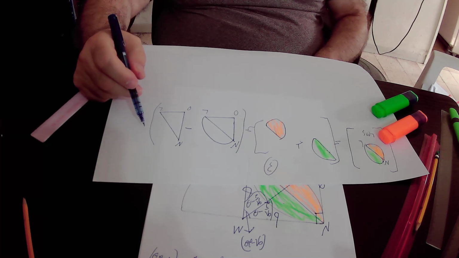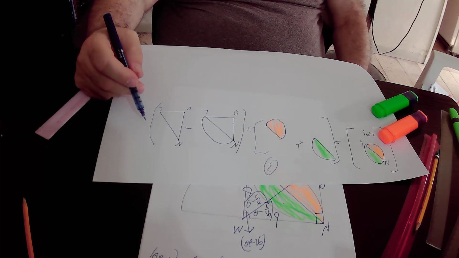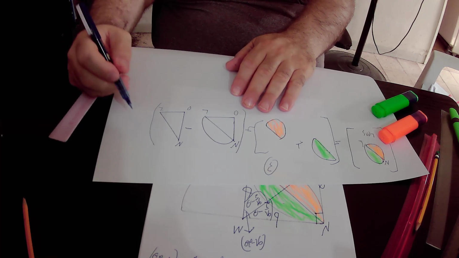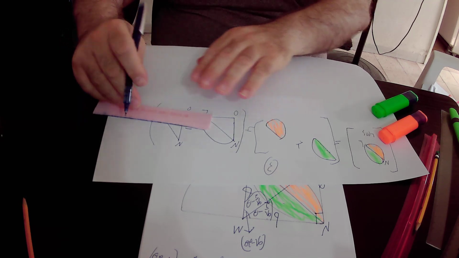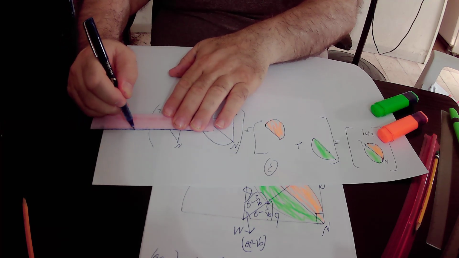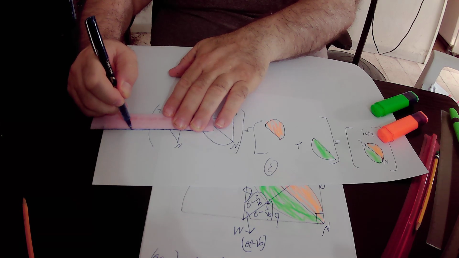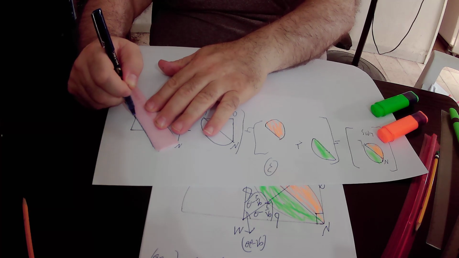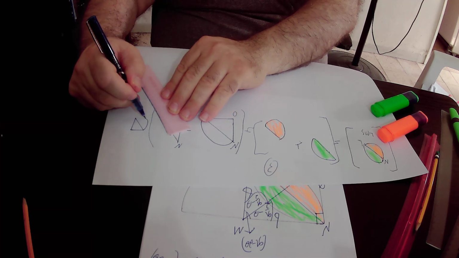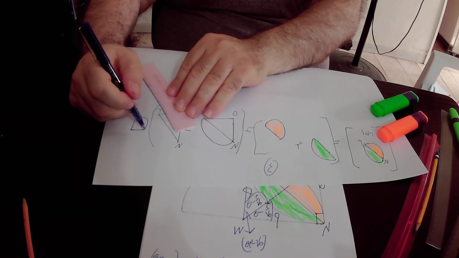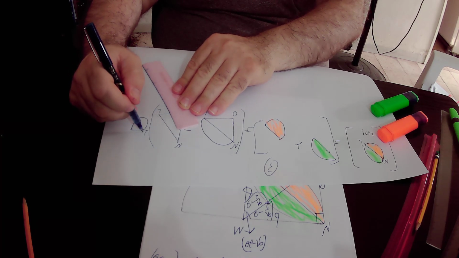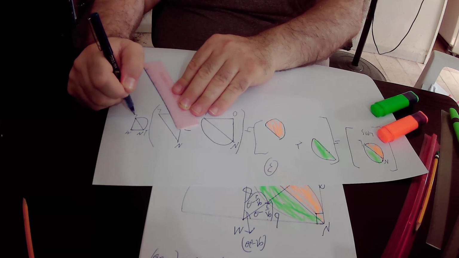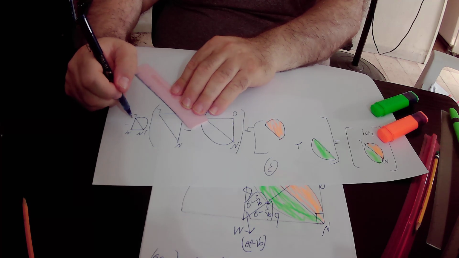So the area of the lower circular segment equals the area of sector NML, this is sector NML, minus the area of triangle NML.